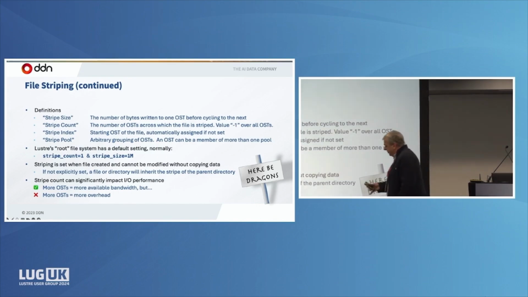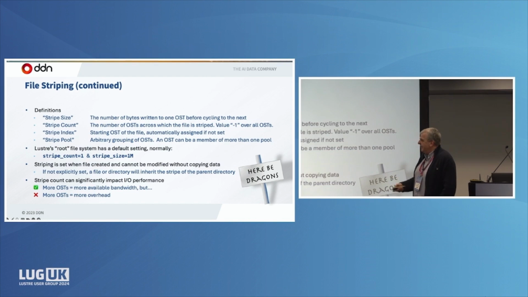I mentioned down here, by default, the Lustre file system will have a stripe count of 1 and a stripe size of 1 megabyte. That's generally how you want to set the file system up, because there are other nice features which we can change.